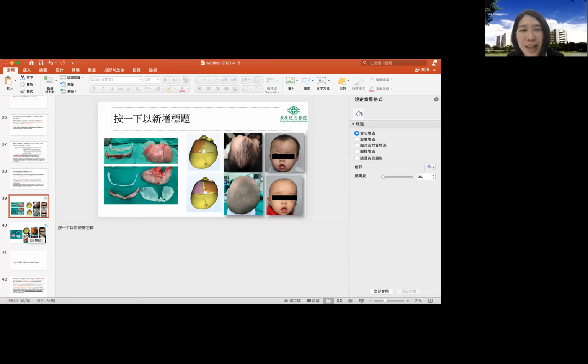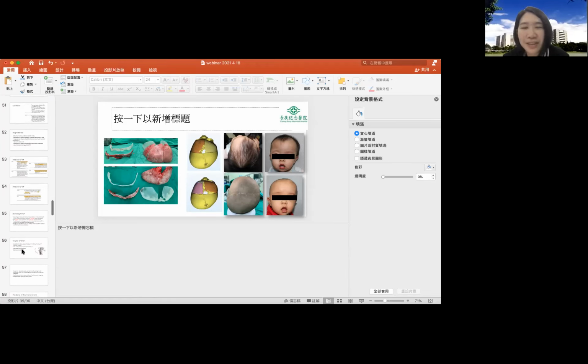They will do like FOA using the distractor, or unicoronal using the distractor, but I don't have the experience. I only have posterior vault distraction, and I found the result is very good. I would really recommend the distractor for syndromic cases for earlier surgery. Okay. I don't know if it answered the question.